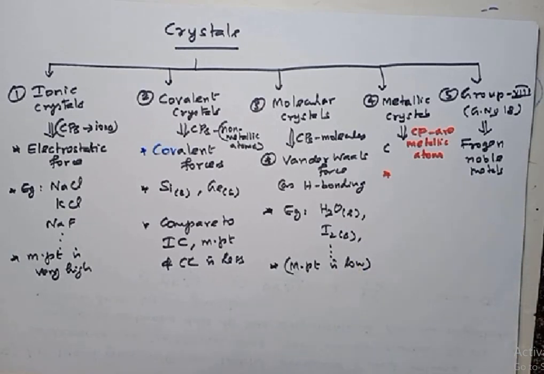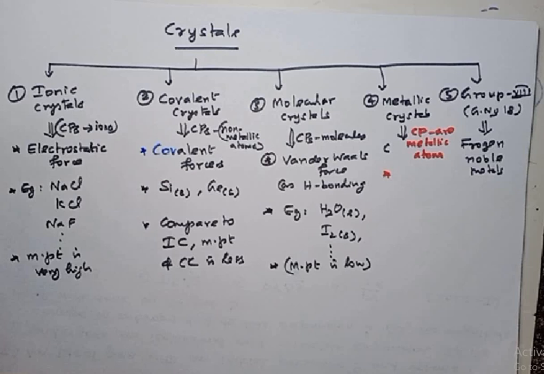Listen, observe carefully: when many metal atoms come closer and form a solid, each atom will lose one or more electrons and form ions. I repeat, when many metallic atoms come closer and form a solid, each atom releases one or more electrons.